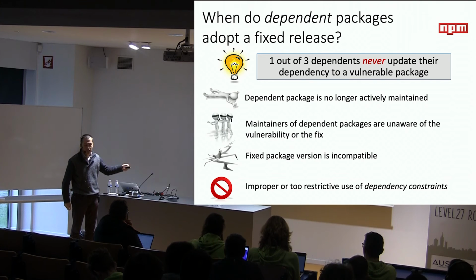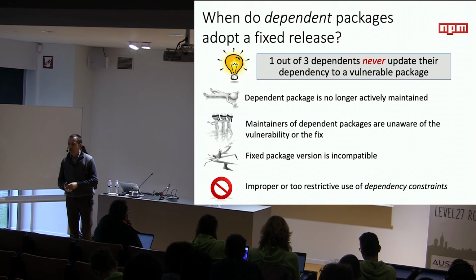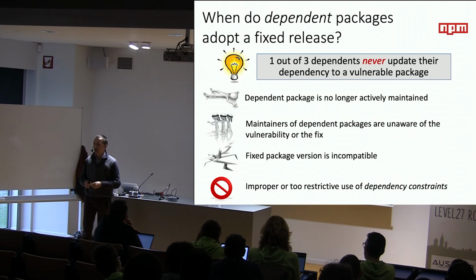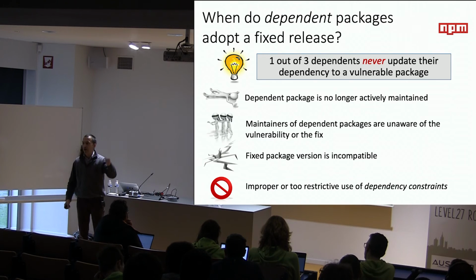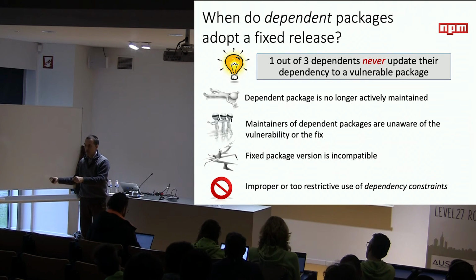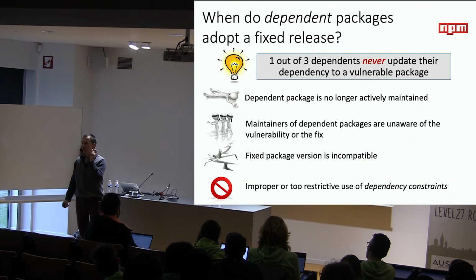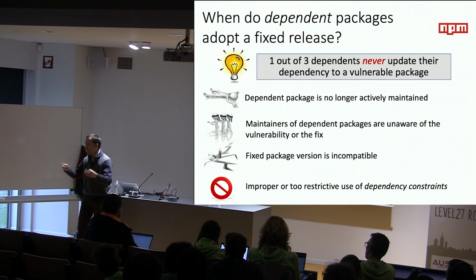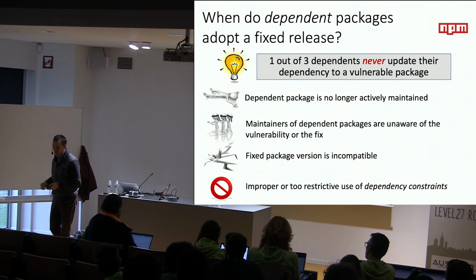And then another one, which is related to the dependency constraints. Basically, it's related to the use of semantic versioning. As a developer, you can say, I have a package and I depend on exactly this version of that package. If there is an automatic fix of your dependency, since you say you have to depend on this particular version, you will not be able to automatically benefit from the security fix.